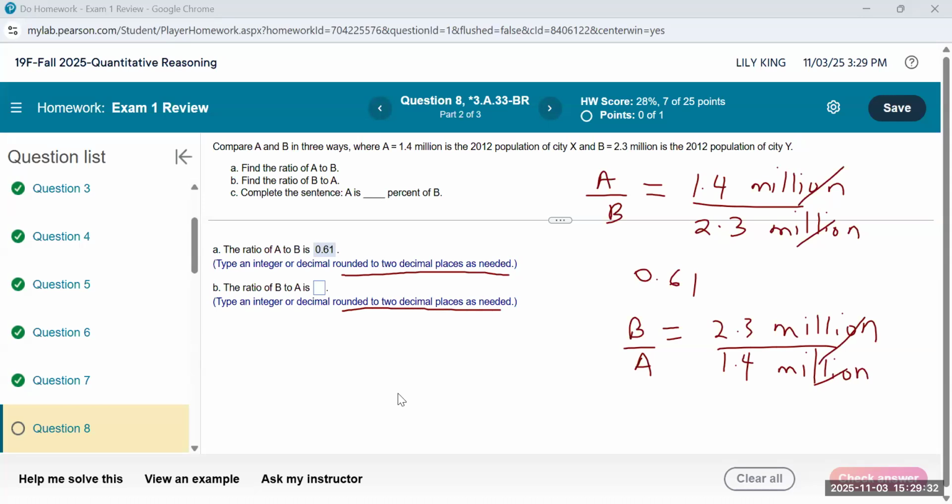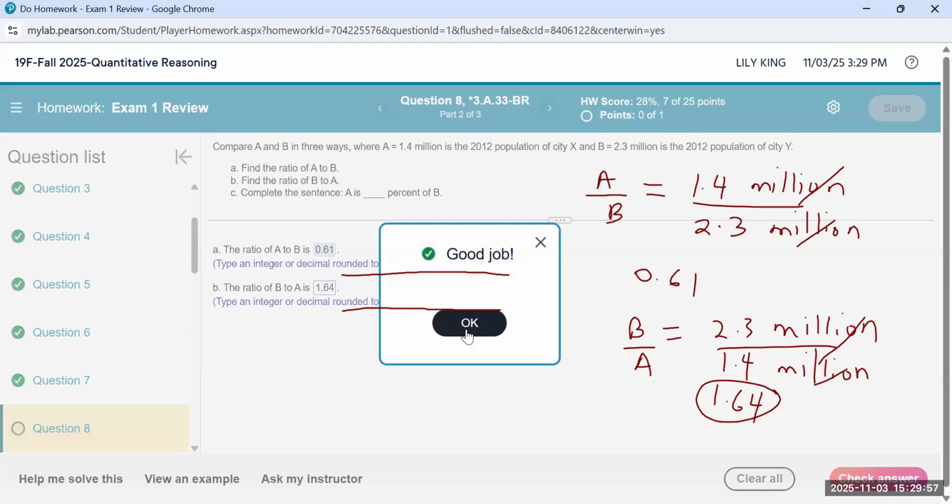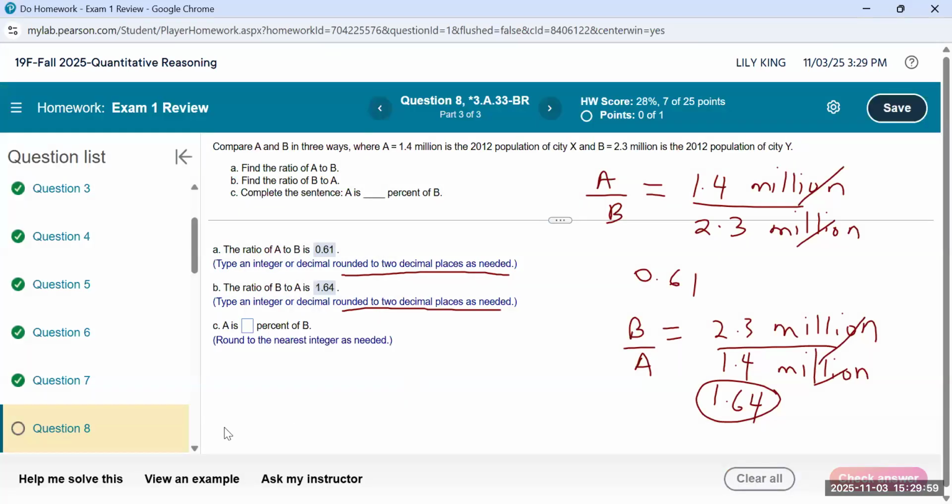So 2.3 divided by 1.4 is 1.64. Make sure you are checking your rounding rules as well. 2 decimal places, 1.64. You don't want to do all the hard work and lose points for not rounding correctly. So always make sure you are checking your rounding rule.